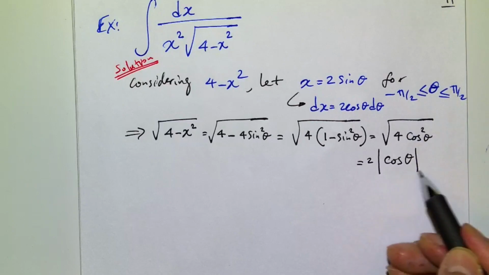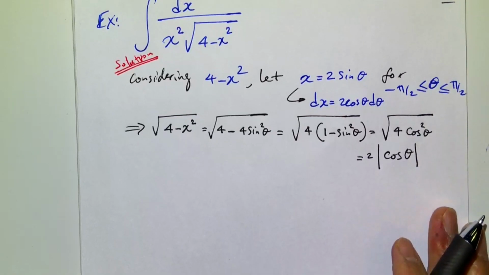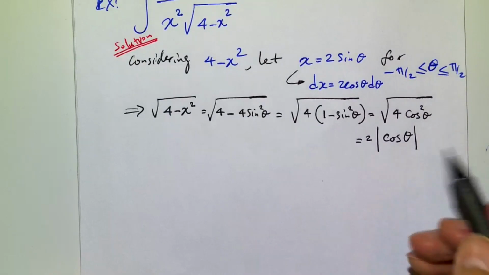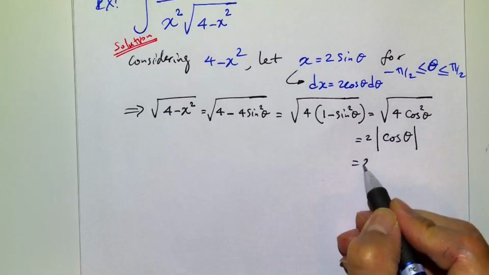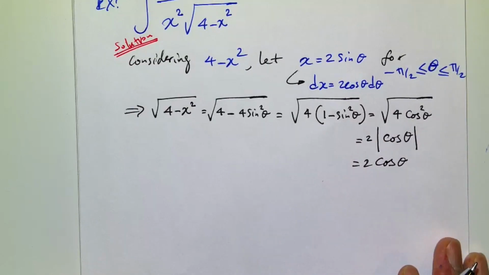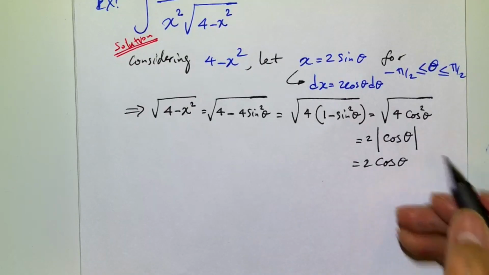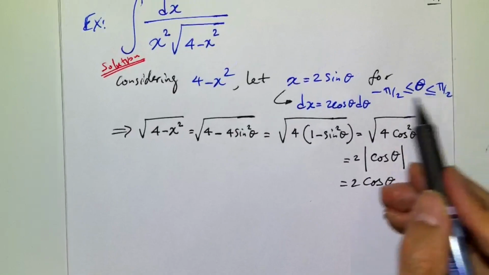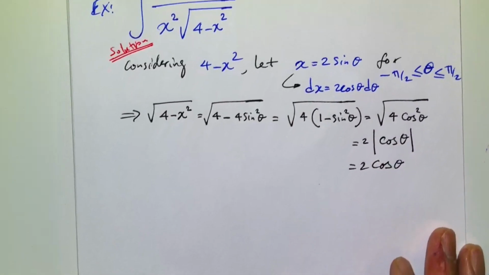So we don't need those absolute value symbols. So it equals 2 cosine of theta. Okay. And that's for when theta is between those two angles.